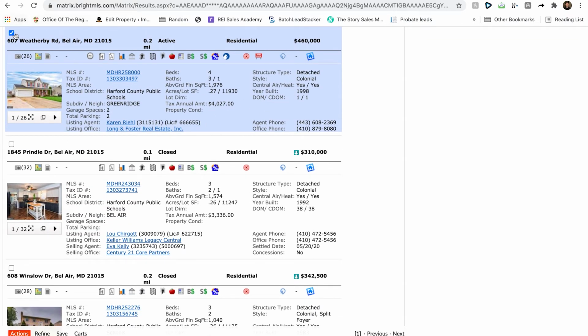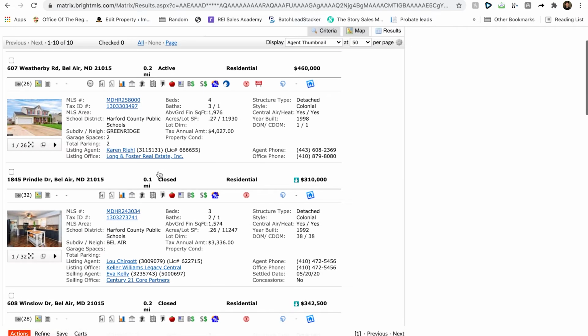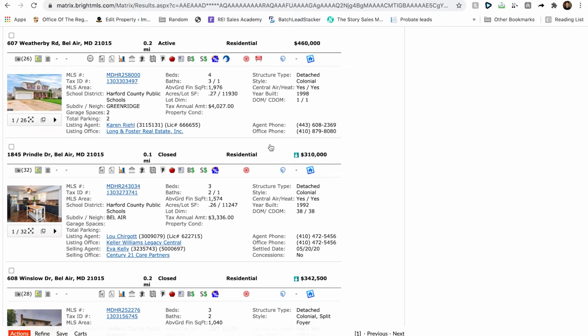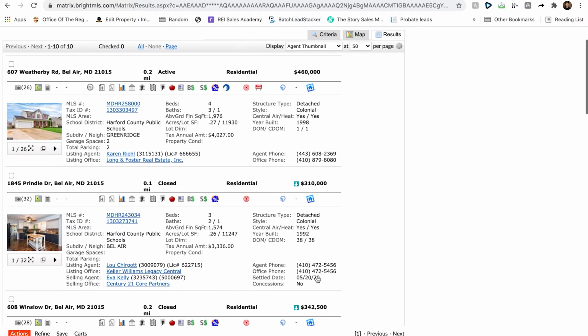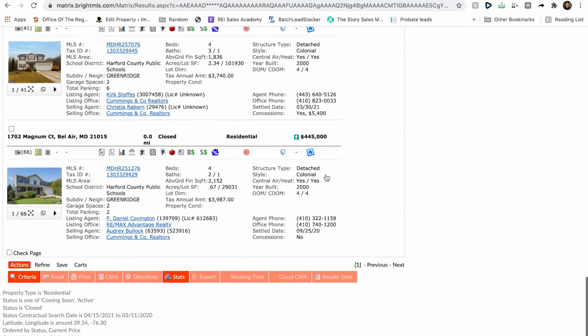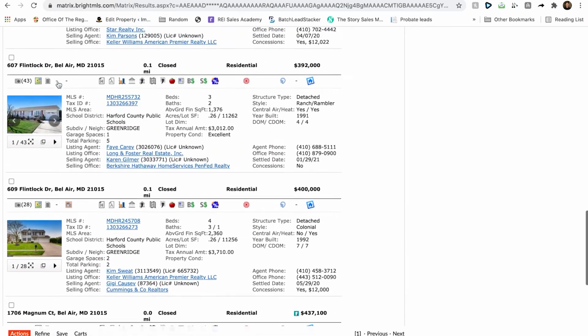Okay, so then we're looking at the closed. And what I do right away, since I'm doing a tight radius, is I look at the range. They're ordered in the same way that Chris had, active on top and then by price. In this neighborhood, we're going anywhere from 310,000 all the way up to 445,000, all with pretty similar styles.